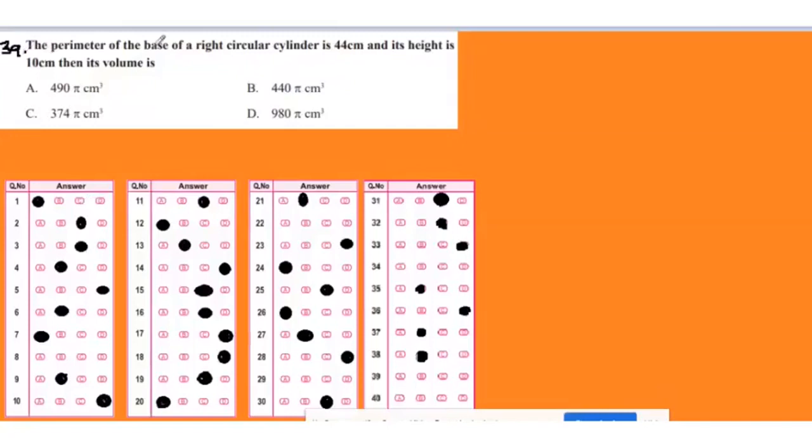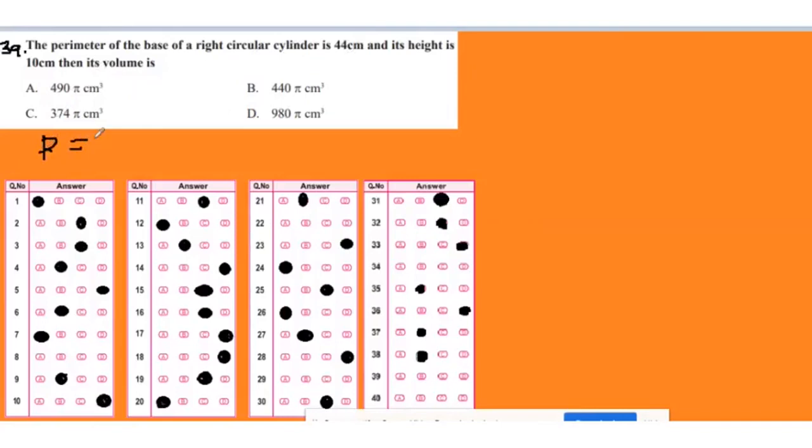39th question. The perimeter of the base of a right circular cylinder is 44 and its height is 10 centimeters, then the volume is? We all know that the base of the right circular cylinder will be circle shaped. So we will use the perimeter of a circle, which is given as 44 centimeters.